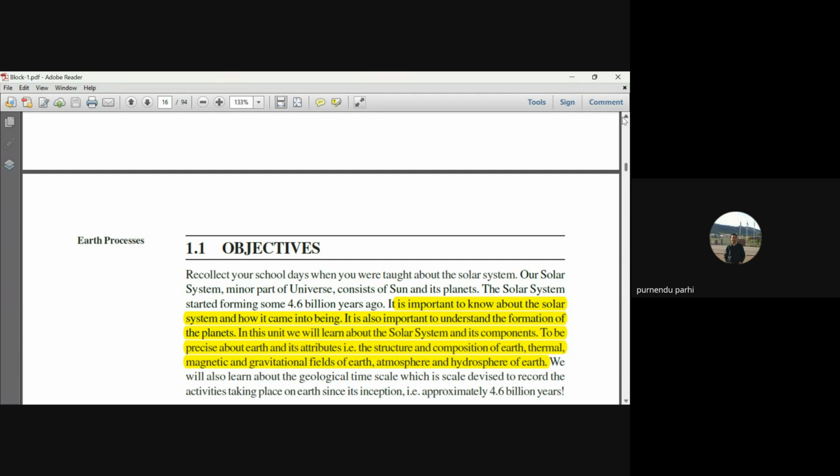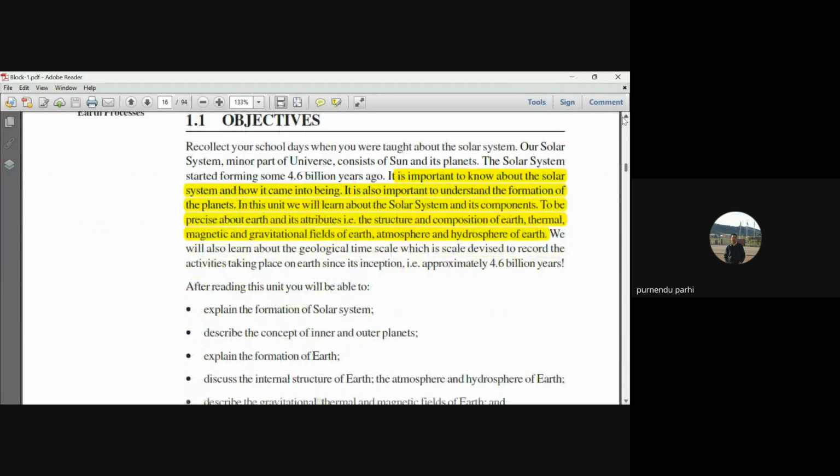To be precise about Earth and its attributes: the structure and composition of Earth, the thermal, magnetic, and gravitational fields of Earth, and the atmosphere and hydrosphere. How the atmosphere comes into existence, how the gravitational field and magnetic field arise, and how the thermal temperature difference across the globe arises. Those things we will be discussing.